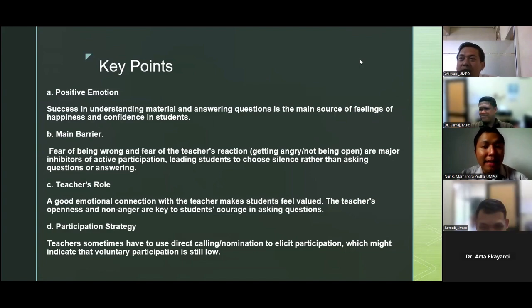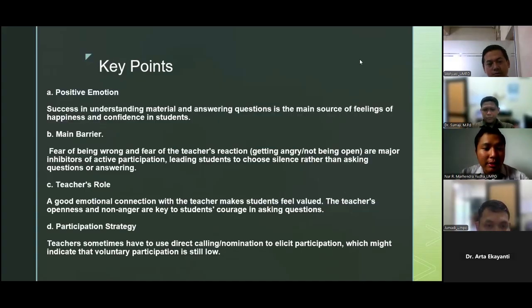Second, the main barrier in both students' meaning of learning and participation is fear of being wrong and fear of teachers' reaction, such as getting angry or not being open. These are major inhibitors of active participation, leading students to choose silence rather than asking questions or answering.